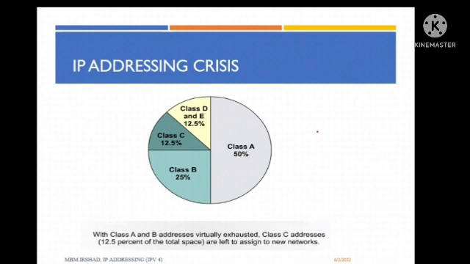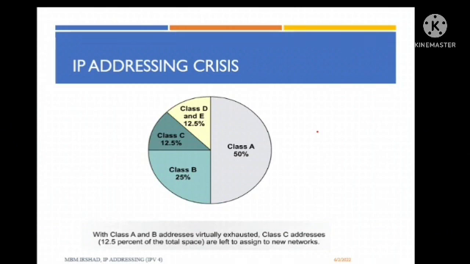So, as I said, IPv4 is in crisis now. We said already that class A is 50% of the IP addresses, class B 25%, and it goes like this.